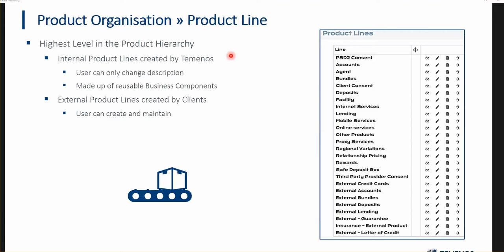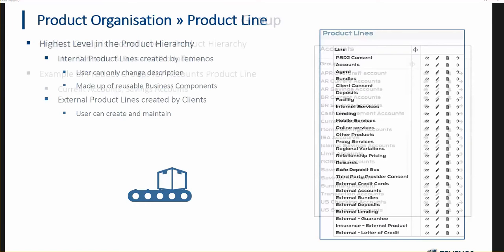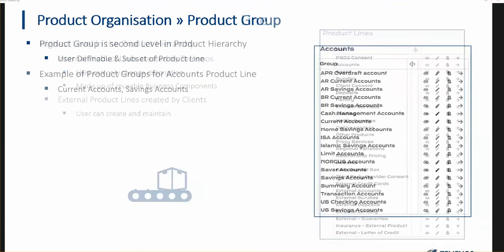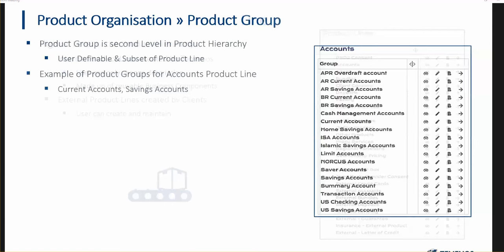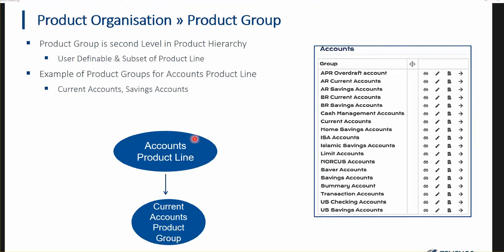It's made up of property classes, reusable components. Next, the next layer in the product hierarchy is product group. Product group is created by customers like yourself; OCB can decide to create their own product groups under a product line. For example, we have the accounts product line. We can decide to create one of our product groups as the current account product group.